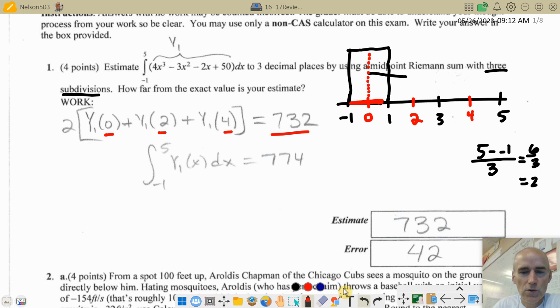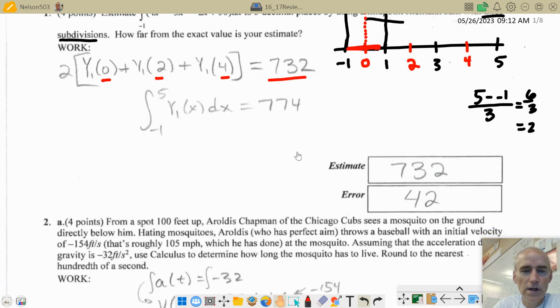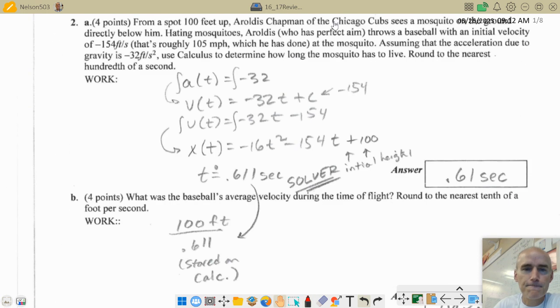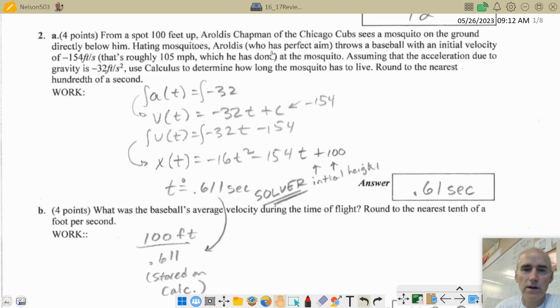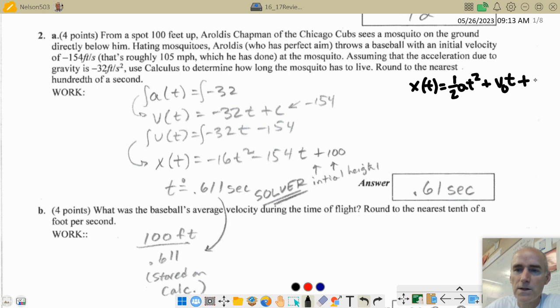All right, number 2 was kind of a tricky one, right? You could do number 2 without any calculus, because there's a physics equation that looks like this. The position of some object, if it's in free fall, or any kind of vertical motion affected by gravity, is 1/2 the acceleration of gravity times time squared, plus the initial velocity times time, plus its initial position.